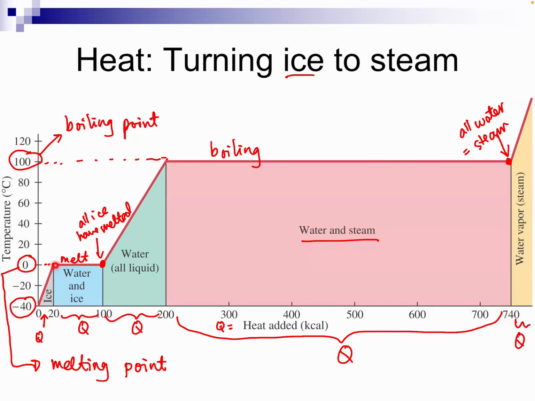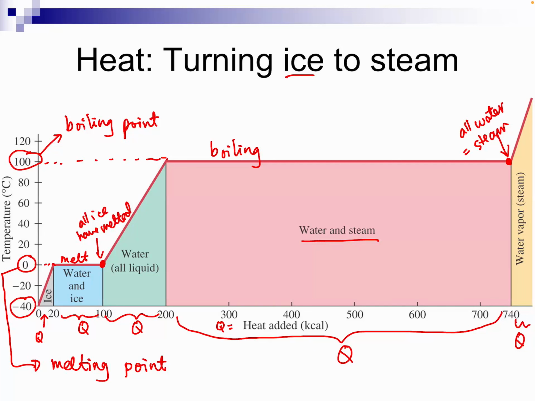If you take away heat further, then the temperature of ice will continue to decrease. So with this graph, adding heat is the forward direction, taking away heat is the reverse direction. Okay. Good, clear enough? Okay.